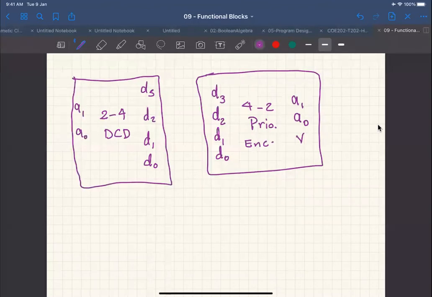So decoder and encoder, and then this is D3, okay? I connect these together and say, well, this is my X, this is my Y. And I ask you, what is V? What is the value of V?